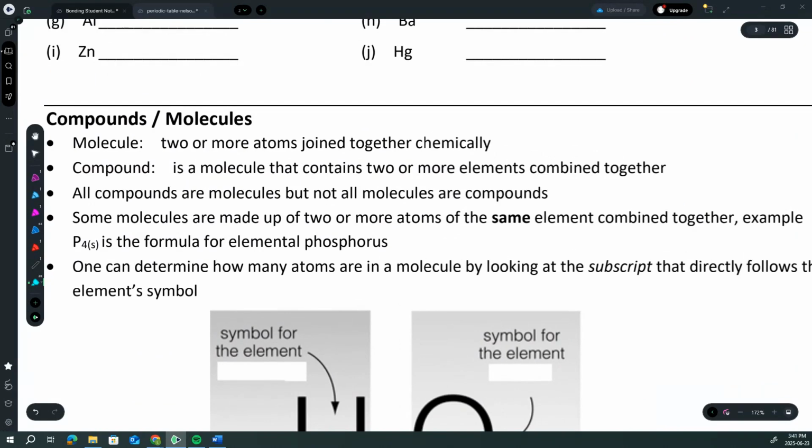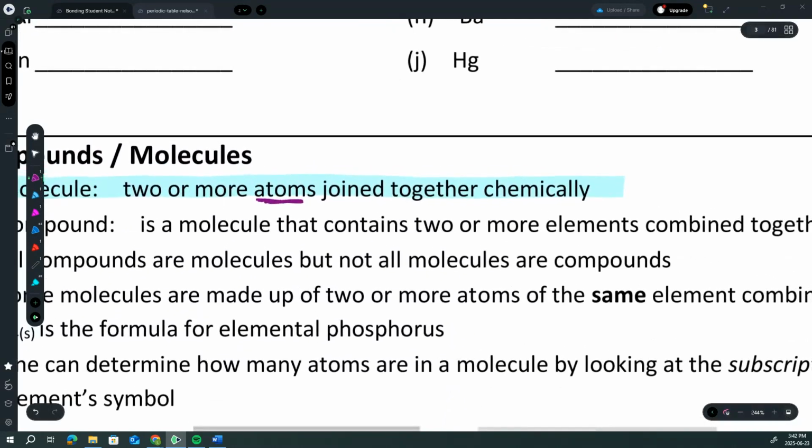So moving on to compounds and molecules. So these are a couple more definitions that we need to be aware of moving forward in this course. So a molecule is two or more atoms that are joined together chemically, so through bonds. Now these atoms can either belong to the same element or different elements.